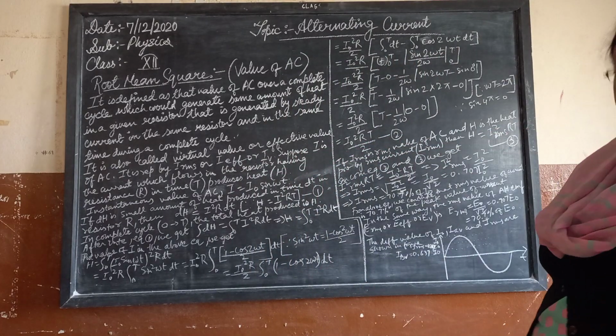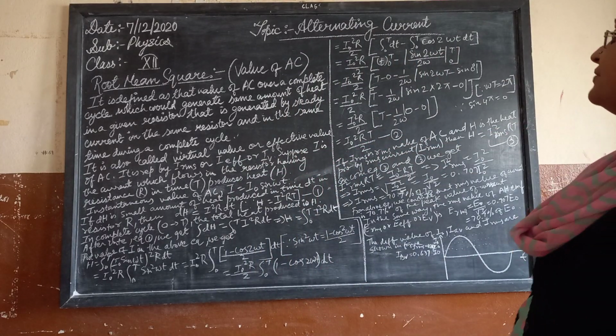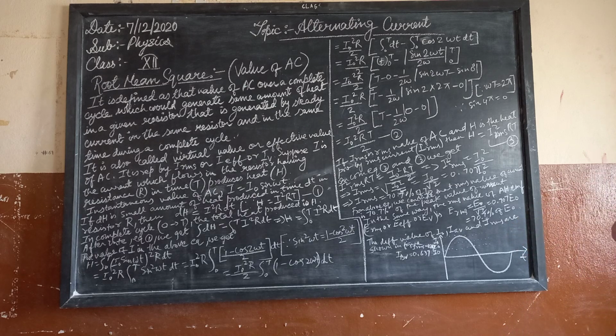Let's see. It is defined as that value of AC over a complete cycle which would generate the same amount of heat in a given resistor that is generated by a steady current in the same resistor and in the same time during a complete cycle.